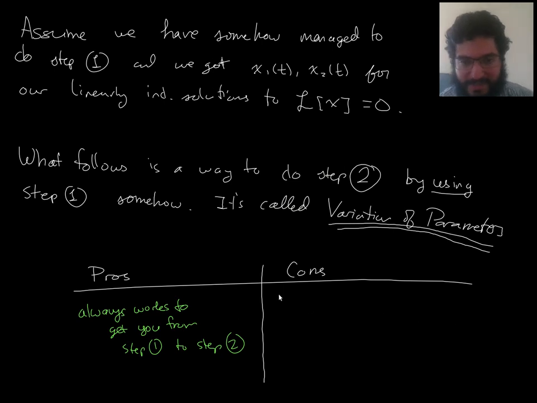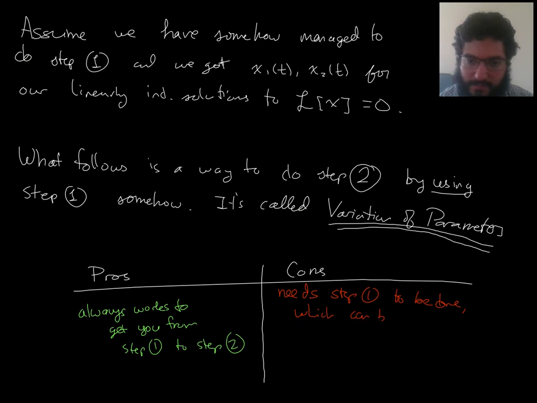Some bad things. Well, what I'm saying as a good thing here is kind of a bad thing also. It needs step 1 to be already done, which can be hard. If you have constant coefficients, it's not hard. You just guess e to the lambda t, and then you've got the 3 cases. If it's a Cauchy-Euler equation, that's not hard. You guess t to the m, and then you've got your 3 cases.